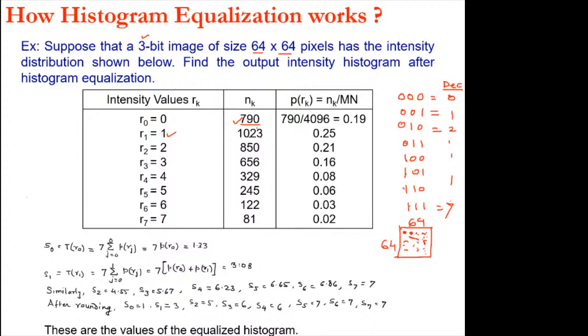I think you understand now. What is this? Level they are given. If you want, you can calculate the probability of occurrence of a particular intensity level. This is the way it is done. 790 pixels were there at intensity value 0. Black pixel थे 790. Total pixel हो गए 64 by 64. 64 by 64 होता है 4096.